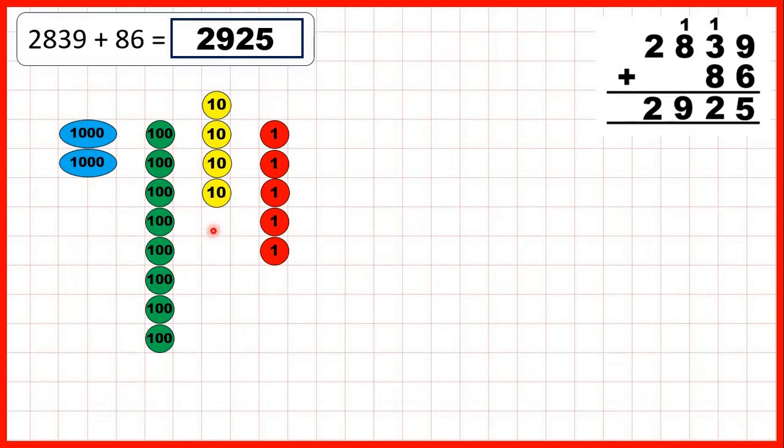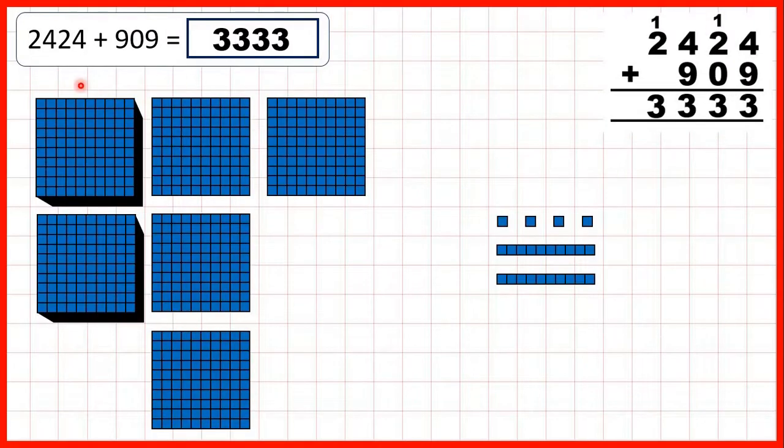So we can add 1, 2, 3, 4, 5, 6, exchange, then add 7, 8. So that gives us 2,925 as our answer.